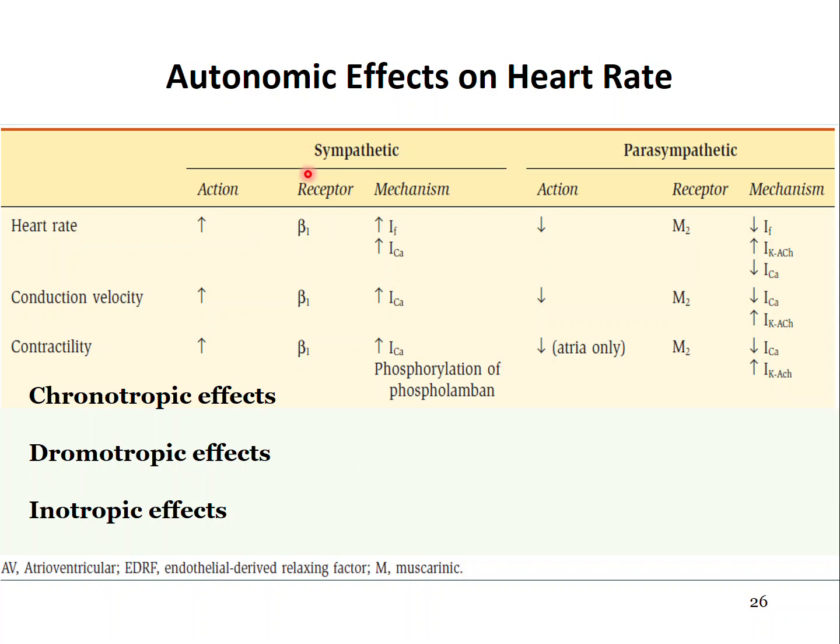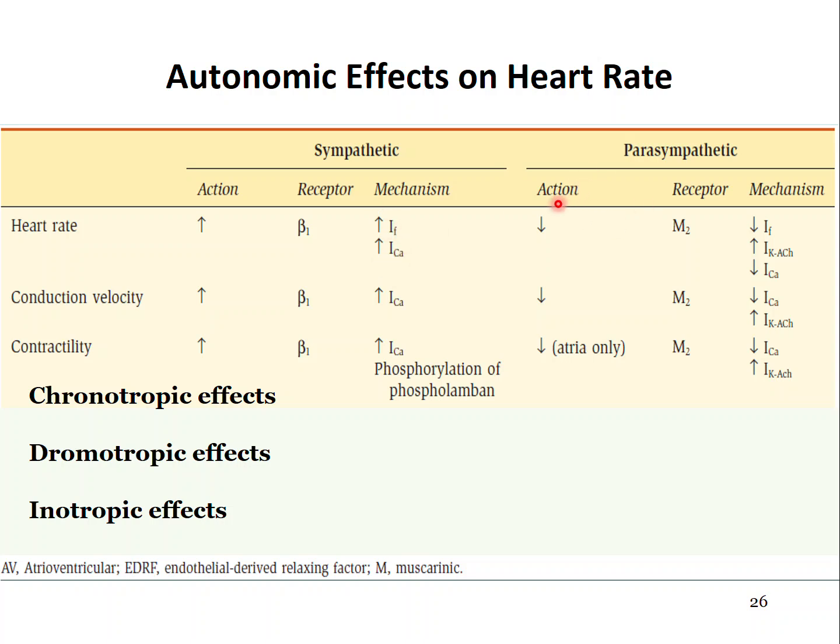So here, look at the effect of the autonomic nervous system, sympathetic and parasympathetic, on heart rate and heart contraction and its mechanism. Heart rate will increase with the sympathetic nervous system because noradrenaline affects the beta 1 receptor, which increases the IF current and calcium current, increasing the heart rate.